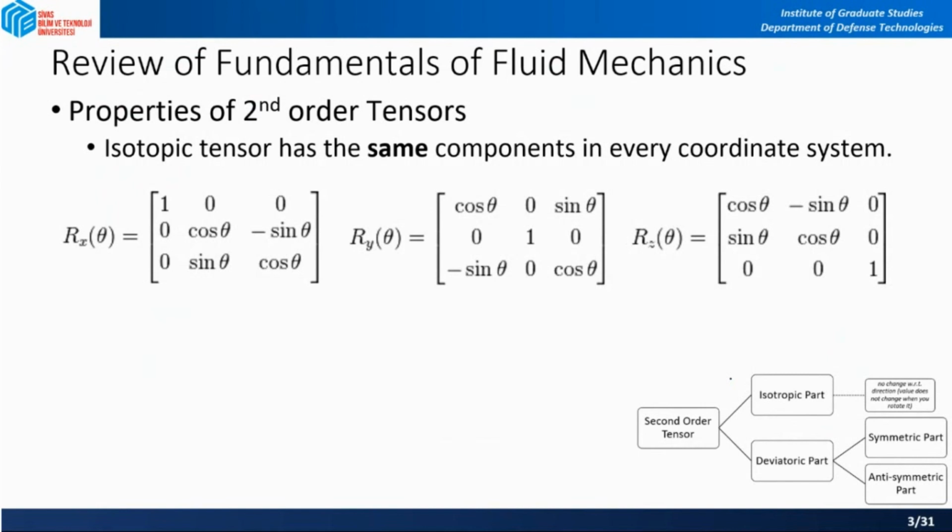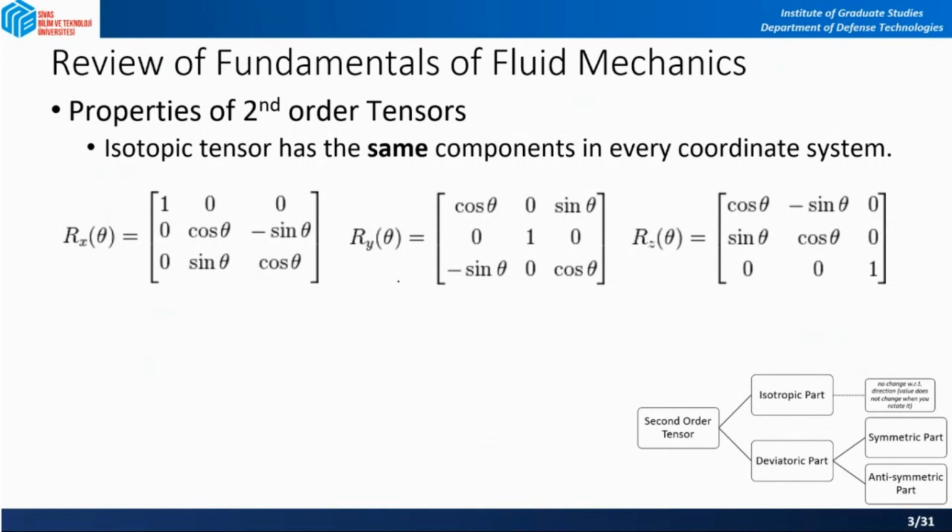The thing is, what if I write a tensor with respect to another coordinate system? In order to do that, I need to know how much the original coordinate system gets rotated. If I know that rotation, I can do rotational transformation. So in 3 dimension, you have these three matrices for the rotational transformation.